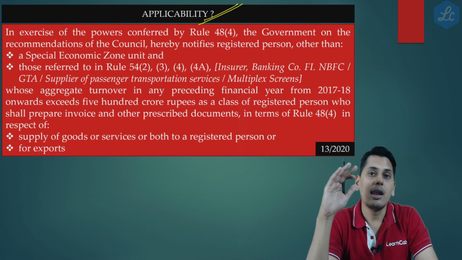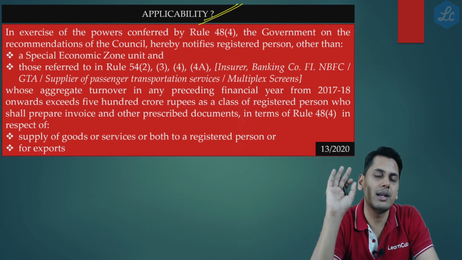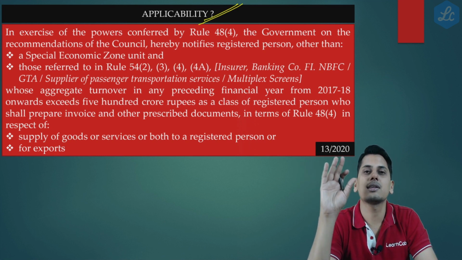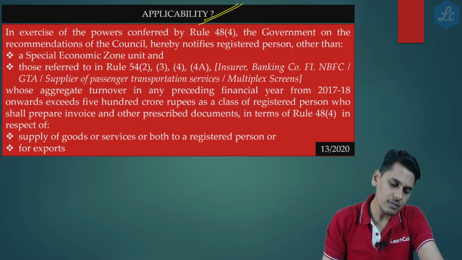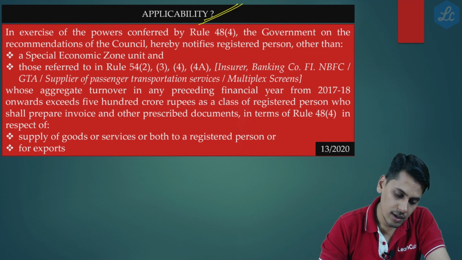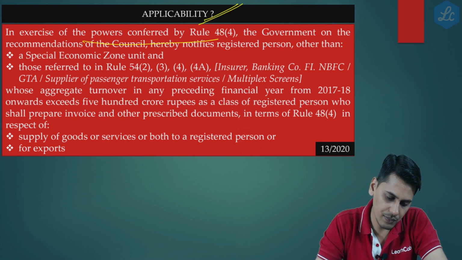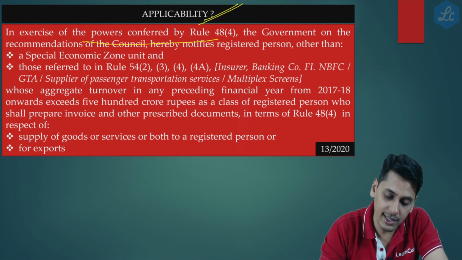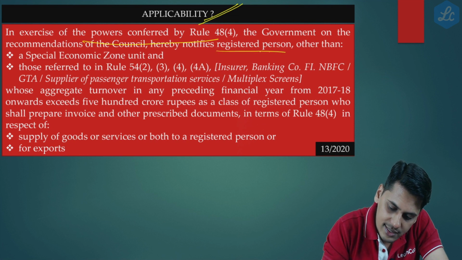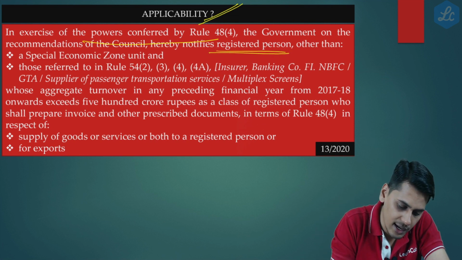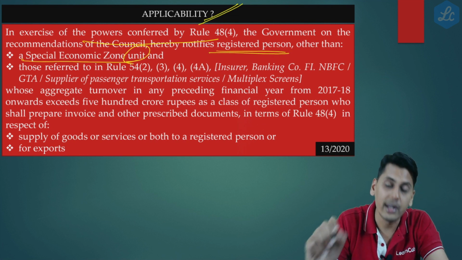Now friends, we are going to see who are those notified persons upon whom this 48 sub rule 4 is applicable. So here we go. In exercise of the powers conferred by 48 sub rule 4, the government on the recommendations of the council hereby notifies registered persons other than a special economic zone unit.